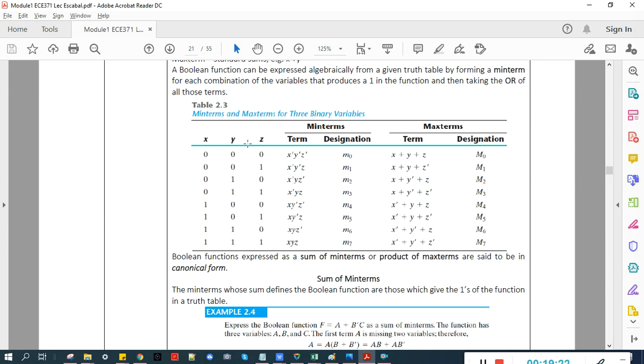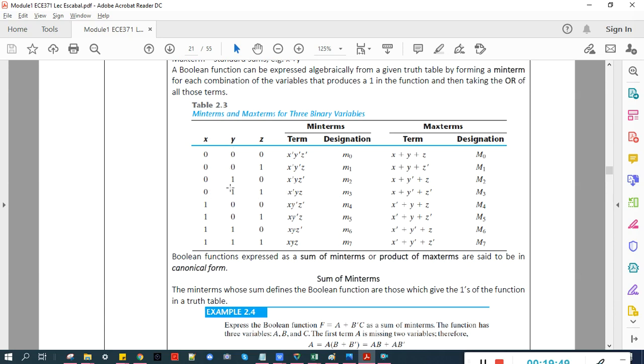The mean terms for x, y, and z. It will be easy. If it's 0 here, then we write the complement of that variable. So 0, 0, 0 is x prime, y prime, and z prime. Another example, 0, 1, 1. Since it's 0 here, our x will be x prime.